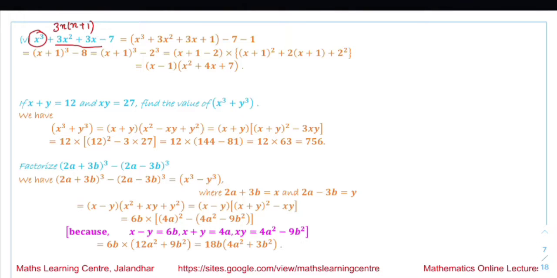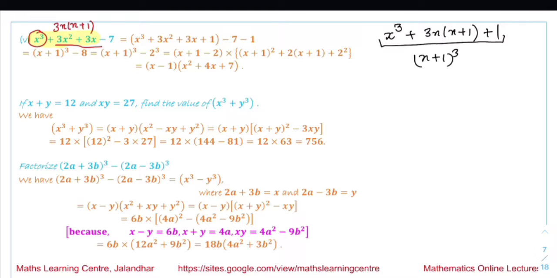So looking at this part of the question, first three terms I am talking about, it is x cube plus 3x into x plus 1. Now if I add 1 to it, this will become the formula of x plus 1 whole cube.